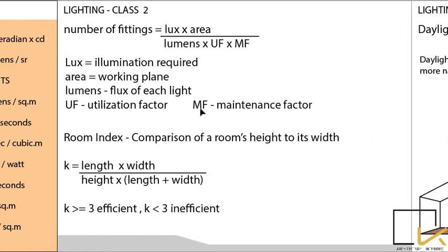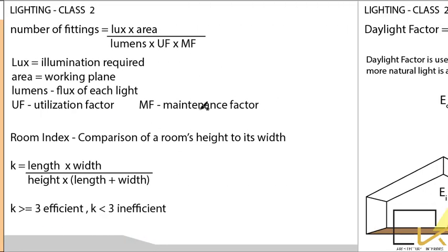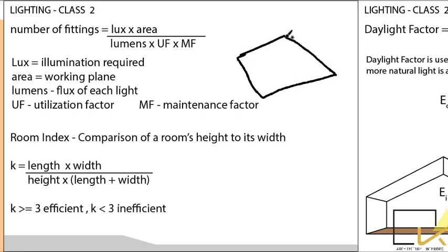Now next we will see the number of fittings that are used in an area. We have a formula for this: number of fittings is equal to lux into area divided by lumens into UF into MF. In the question you will be given a particular area which needs to be illuminated, and they will ask how many fittings are required if they have particular UF and MF values. The lux, the illumination level for this area, will be given in the question.